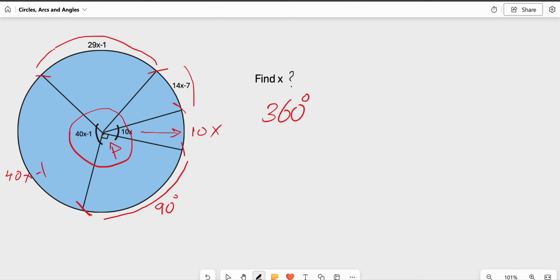So all we need to do is add all these arcs to how much? To 360 degrees. So 29x minus 1, plus 14x minus 7, plus 10x, plus 90, plus 40x minus 1, is equal to how much? 360 degrees, right?